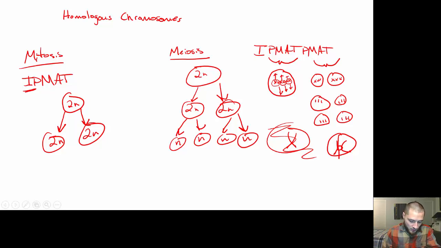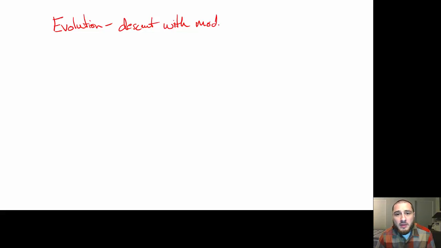So when we look at genetics and evolution, you're going to see that evolution, originally Darwin described it as descent with modification. Now, what is descent with modification?